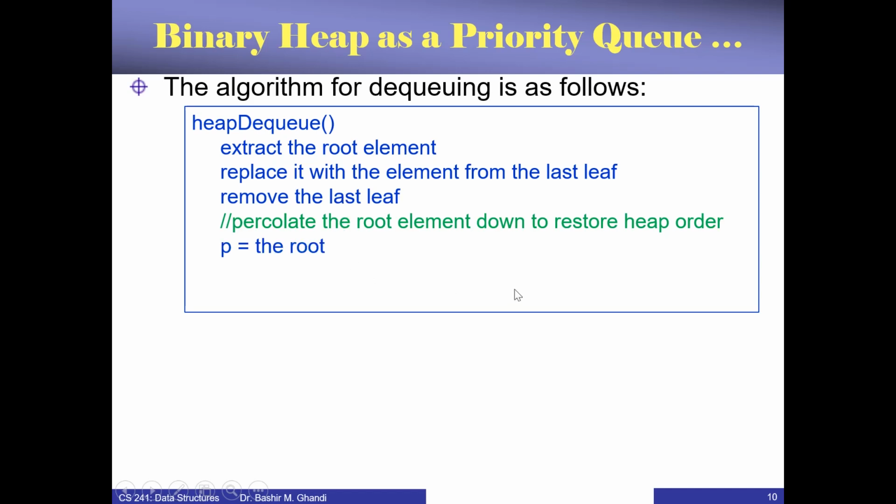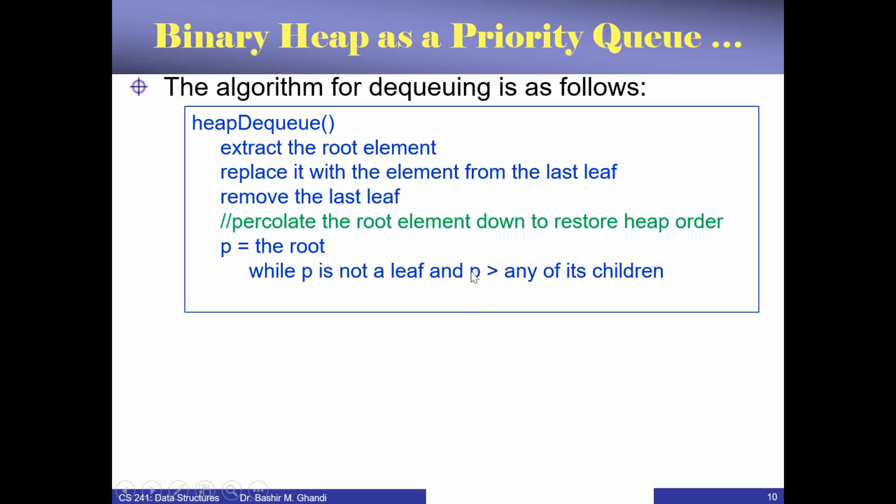So we need a loop here. It says first, to do this calculate down process, initialize a variable p with the root, and then start a loop while p is not a leaf and p is greater than any of its two children. So if it is a leaf, we are done. But if it is not, then we know again, this is for min heap. If you want to do it for max heap, you have to replace this with less than.